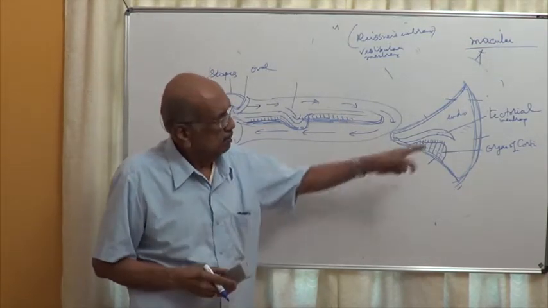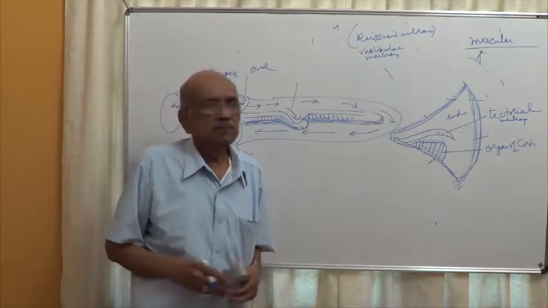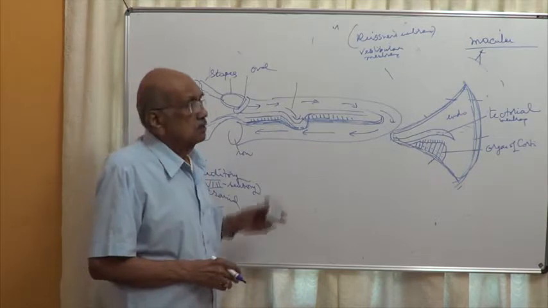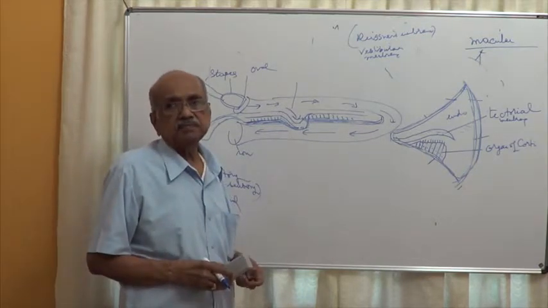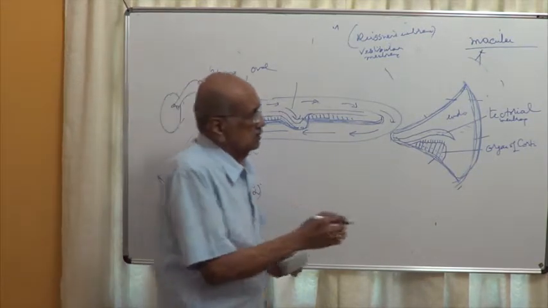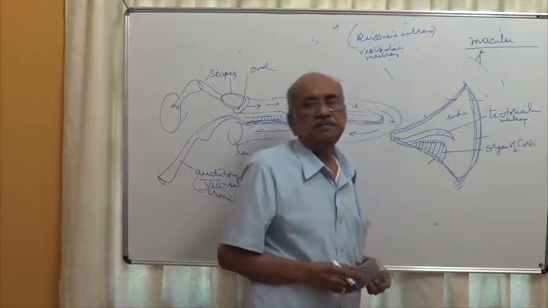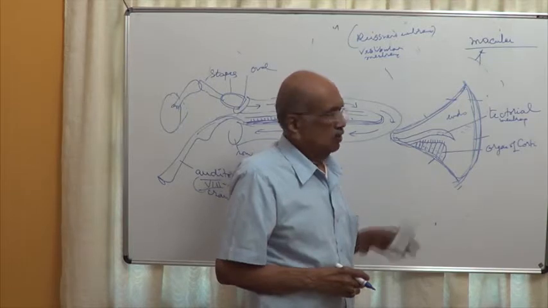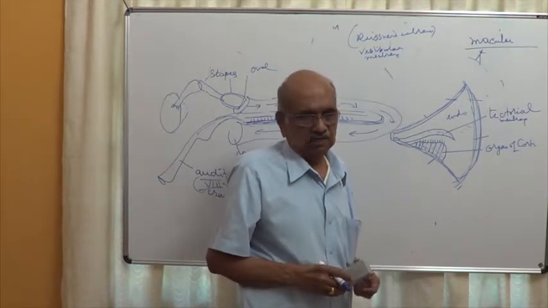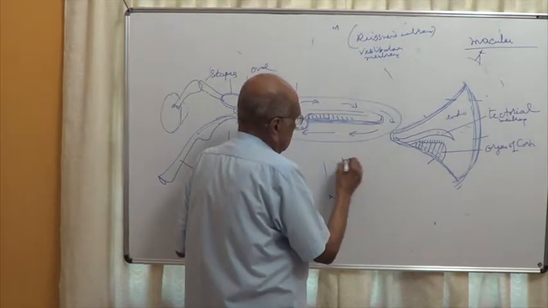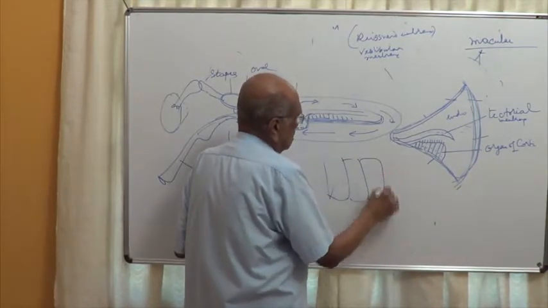containing the middle part, which is called the scala media. Scala media has the organ of Corti. Organ of Corti is a complicated structure made up of, shall I show here? I will draw the cell separately.